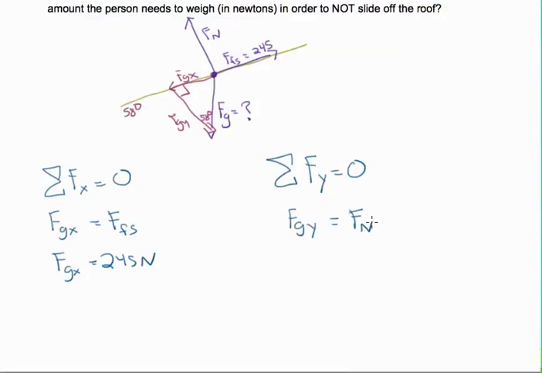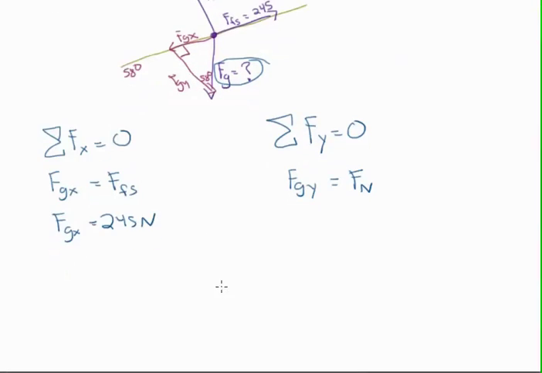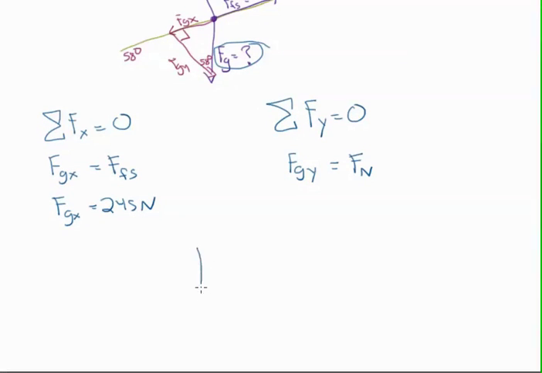Now in this problem, we are asked to solve for FG. So we just need one of these, x or y. And we're given x right here. So we can sketch our triangle. We know that our x is 245, and this angle is 58. And you can see we don't need to do anything with the y.